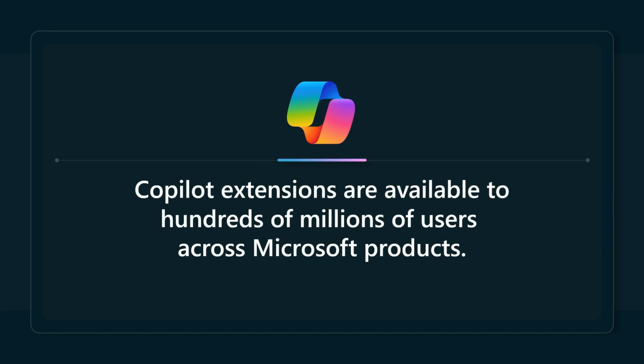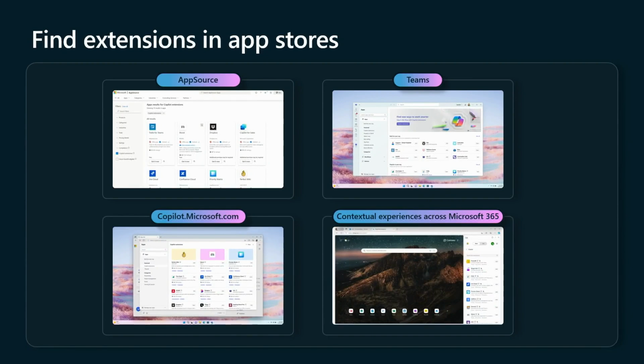These storefronts are intentionally designed to be consistent so that users can easily and predictably navigate and find your extensions no matter which product they're using. Shown here are 3 of these storefronts, App Source, Teams, and Copilot.Microsoft.com, where your extensions will automatically become available once they're published today.